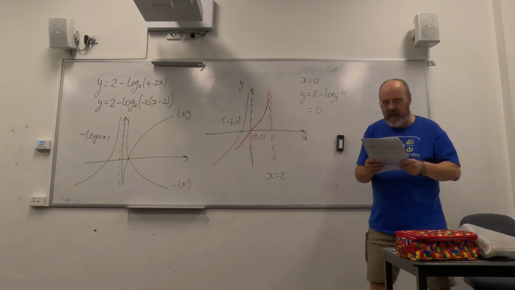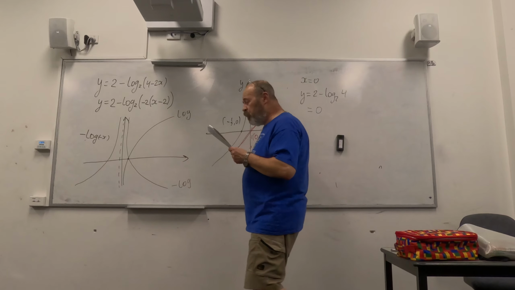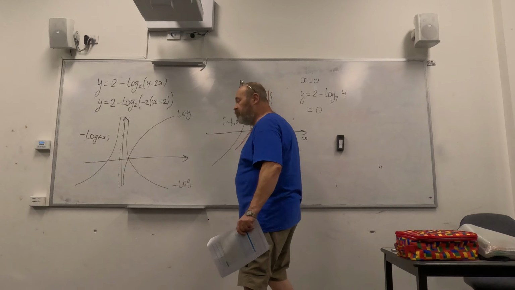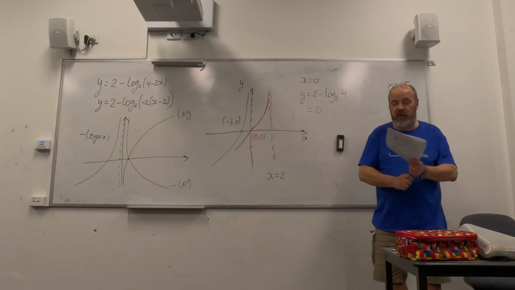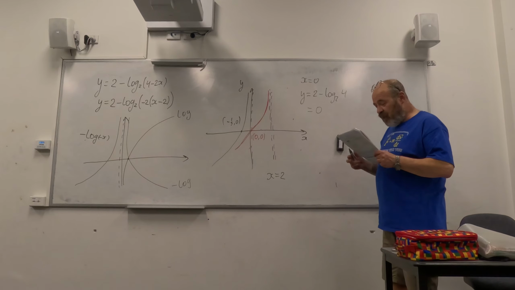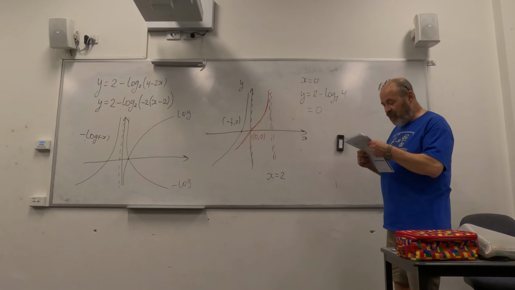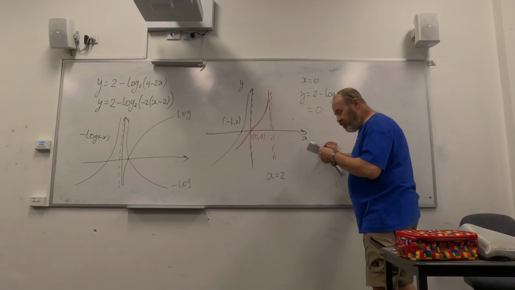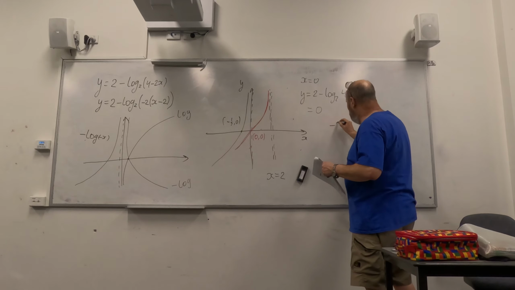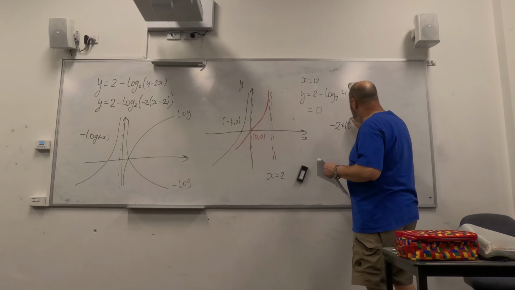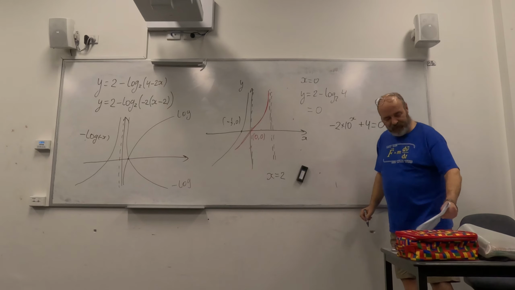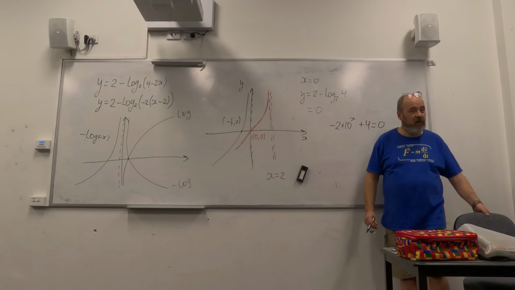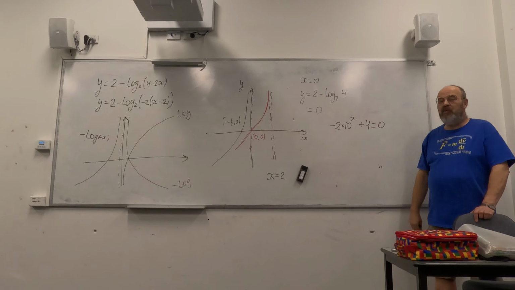So let's say you need to solve the next equation: negative 2 times 10 to the power of x plus 4 equals 0. How will we solve this equation?